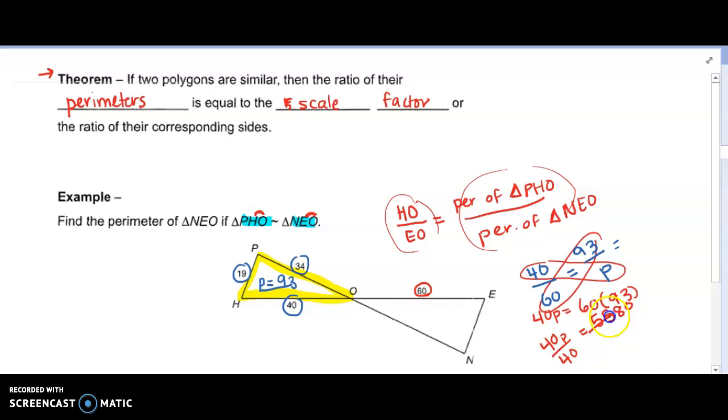So divide by 40, divide by 40. I get 139.5. So P is 139.5. The cool thing is I just found the perimeter of this triangle by only knowing one side length, because I used the scale factor of this, which I knew they were similar.